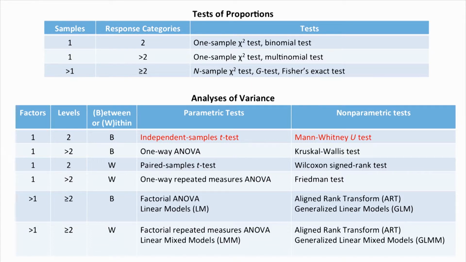It was a between subjects factor because students only did one or the other of Visual Studio or Eclipse. The parametric test, the analysis of variance test, was the independent samples t-test, and the nonparametric equivalent, which did not need the ANOVA assumptions to be met, was the Mann-Whitney U test.